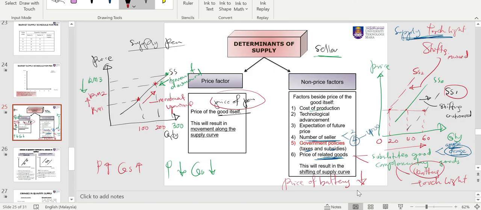Macam mana dia tahu dia turun? Tak, saya reka je. So you kena tengok nanti soalan dia macam mana. Okay, if the price of battery decreases, will you sell battery? No, you won't get profit. So what happened to the supply of torchlight? Will you sell torchlight? You won't sell torchlight. So it will shift inward.